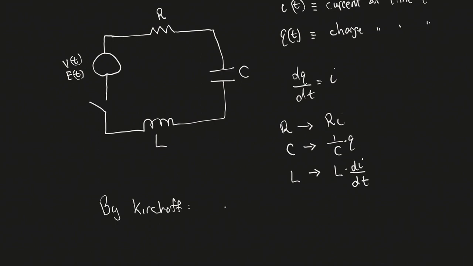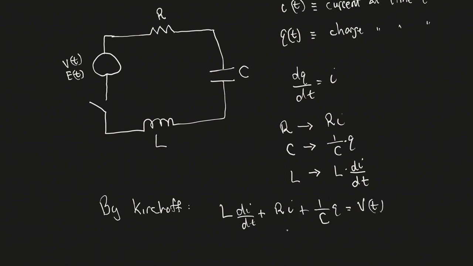So let's write that down. So in fact, I'll start with this. We'll have the L di dt plus the R times the I, and then the 1 over C times the Q, and then that has to be equal to V of t, right?